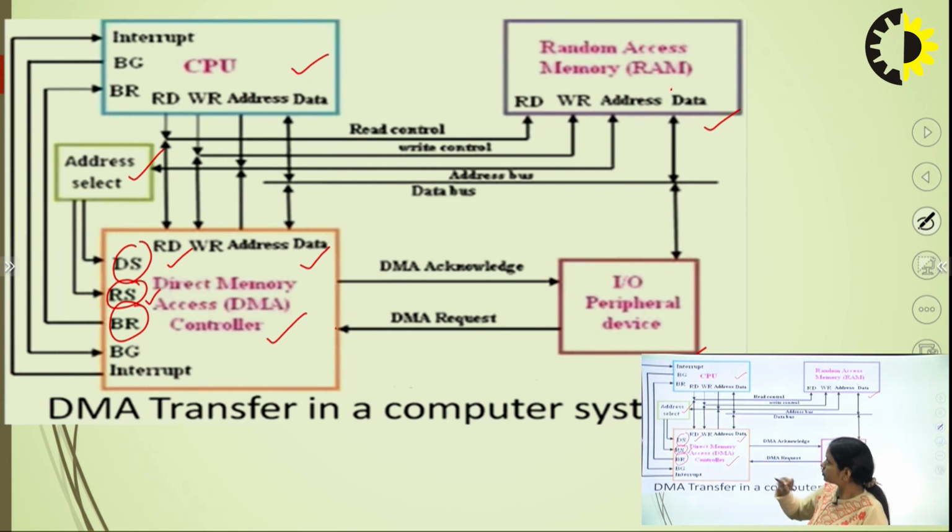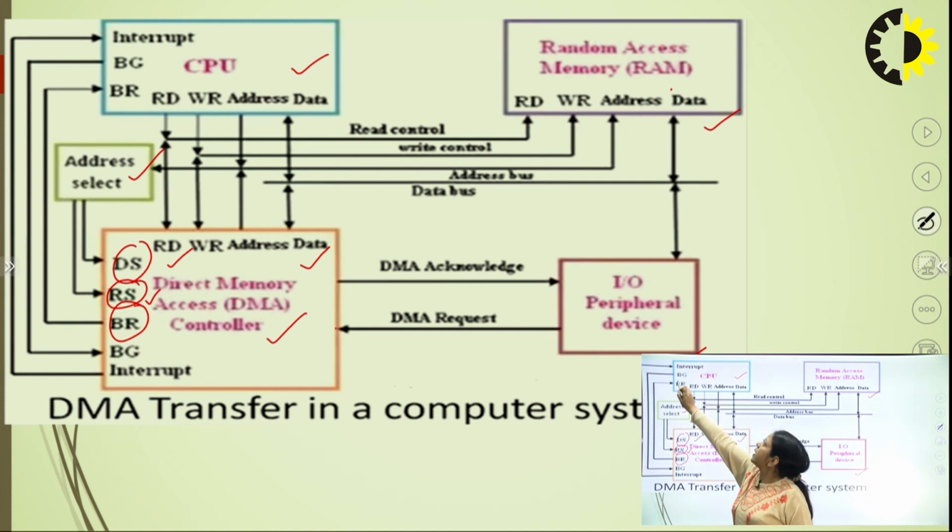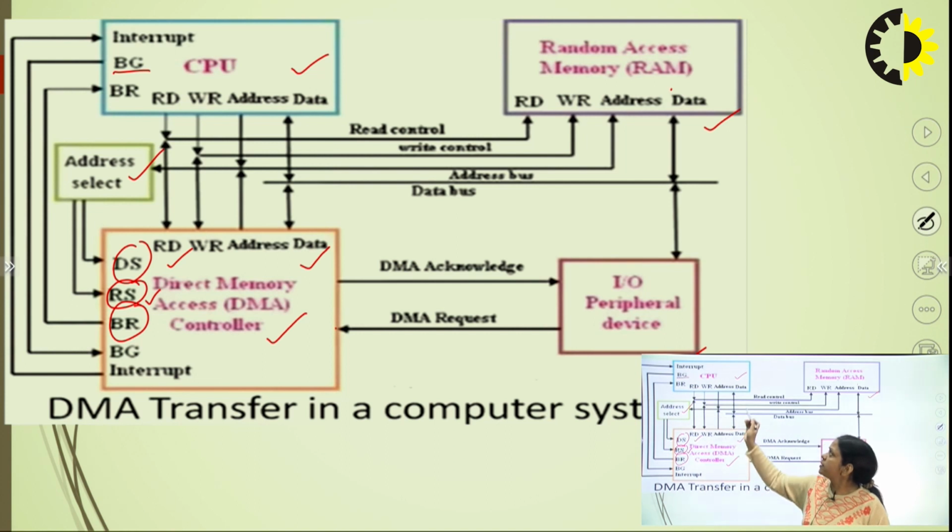Now, when this DMA controller is selected, the important information will be sent by the CPU by the help of these buses, because this time the CPU will not activate the bus grant signal. So the CPU will have all the control of the buses, so that the CPU can transfer some initial information to the DMA controller.